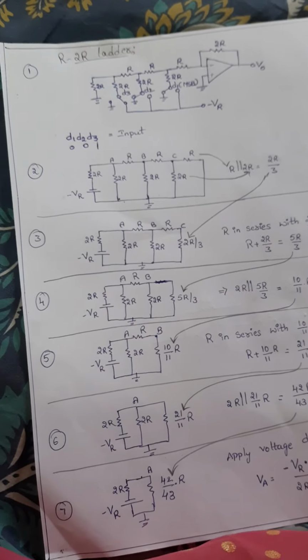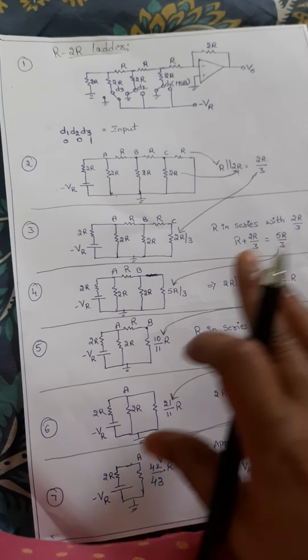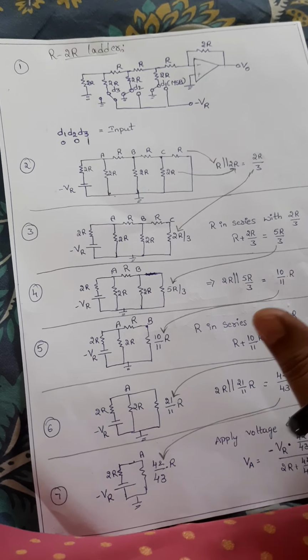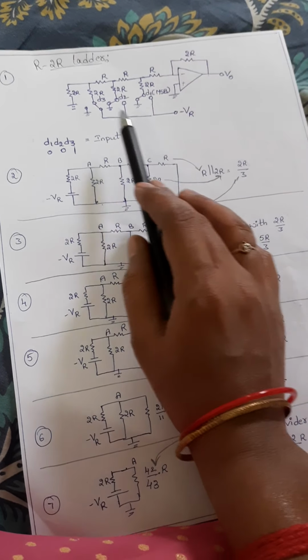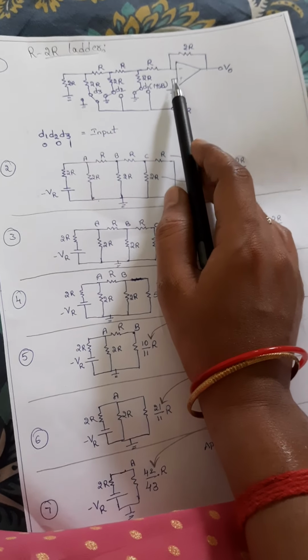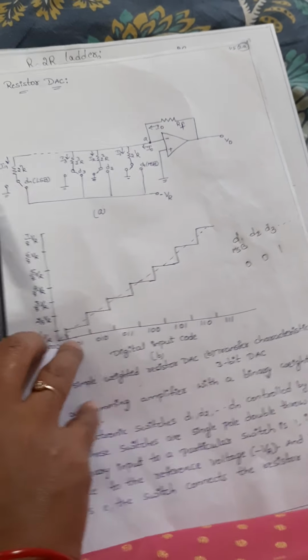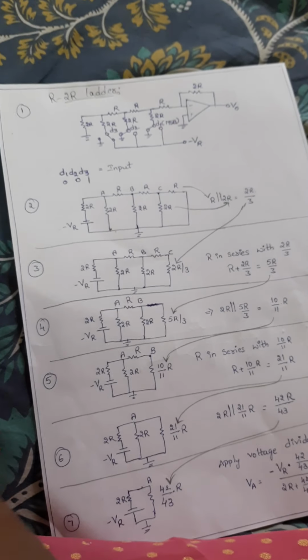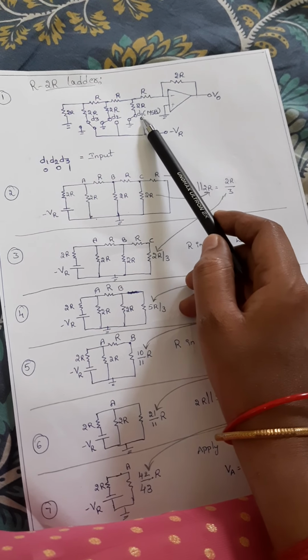To overcome the disadvantage of the weighted resistor DAC, we are going for this R2R ladder. I am taking one example. This is the R2R ladder. See here, in weighted resistor only one resistor 2R is there, but in this R2R ladder you have both R resistance as well as 2R resistance.